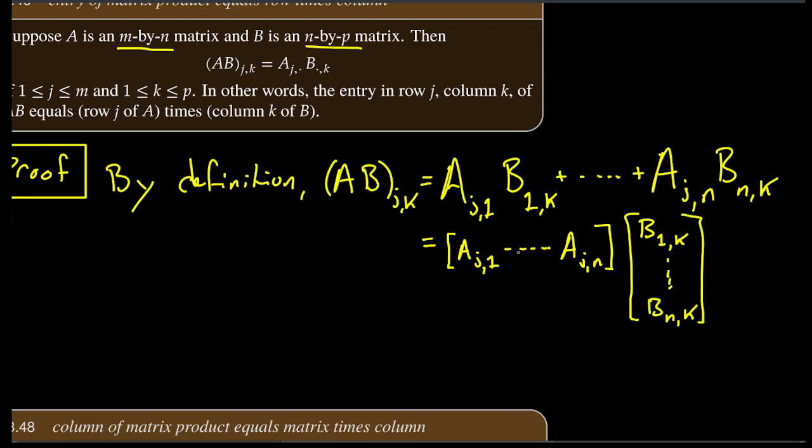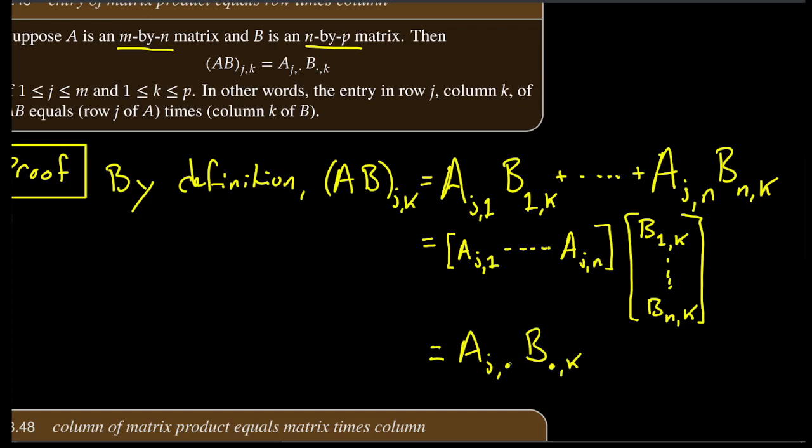That is, you go across this one and down the other one, multiplying as you go and summing the result. And hey, wouldn't you know it, this is just a j comma dot times b dot comma k.